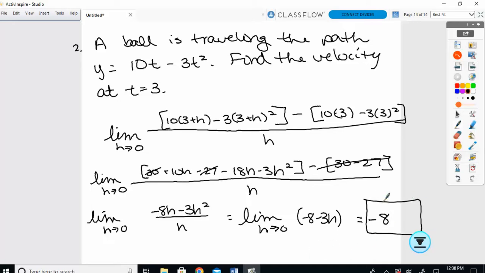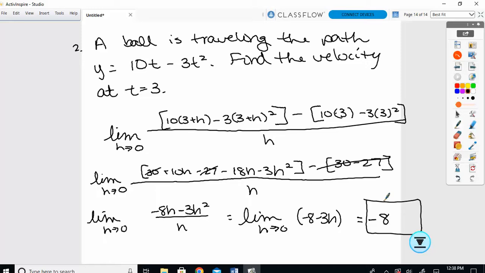I didn't give you units, probably feet per second or something like that. Why is it a negative? What would that negative tell me? It's decreasing. Right, it's decreasing, it's going down. Is that one okay?